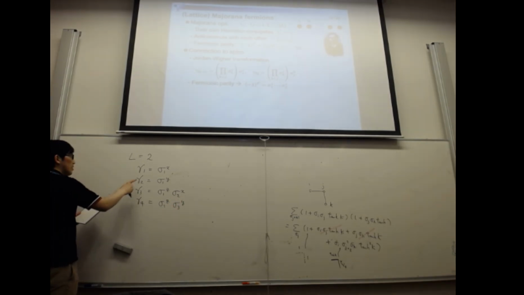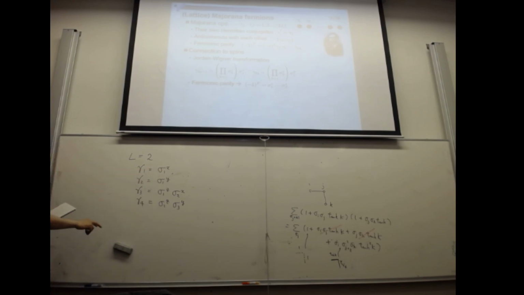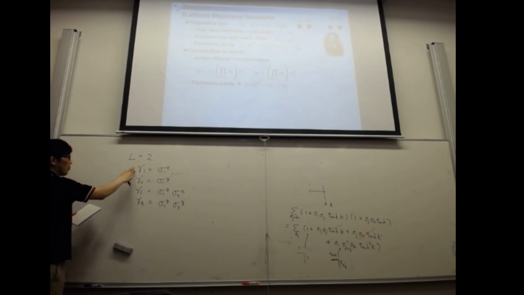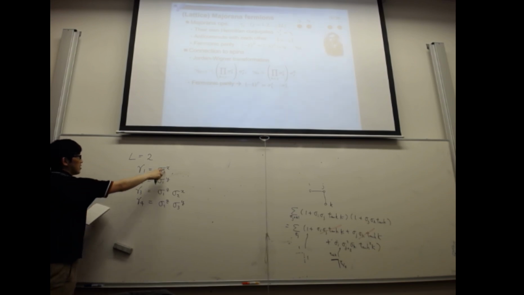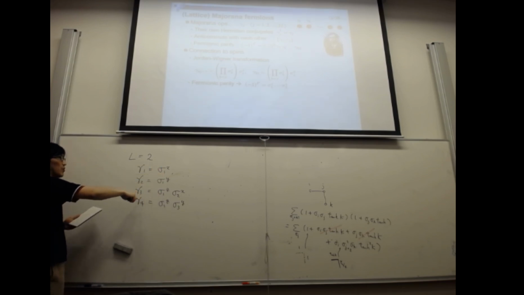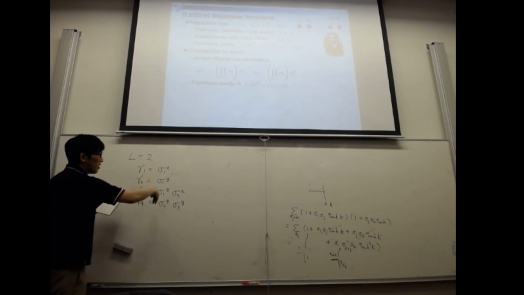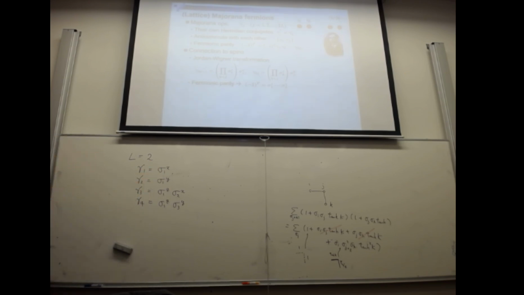And gamma 1 and gamma 2 anti-commute with each other because these Pauli operators anti-commute, right? And gamma 1 and gamma 3 also anti-commute because sigma x and sigma z anti-commute. And this way you can show that these are all mutually anti-commuting.